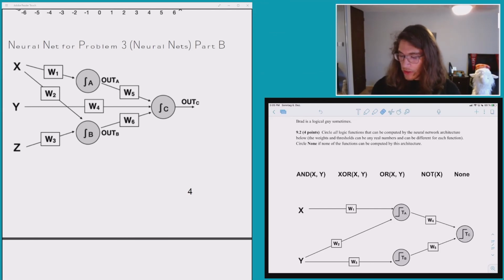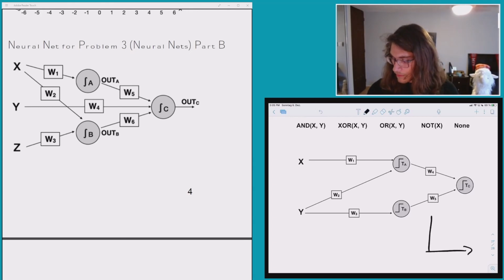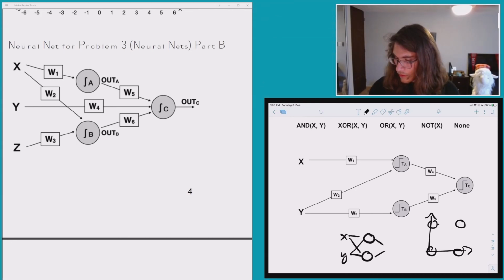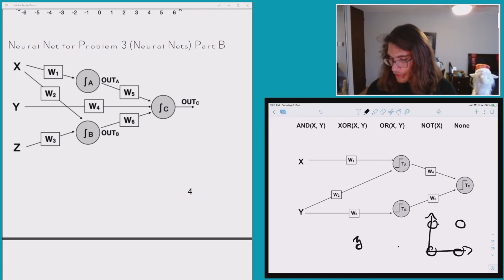And I'll remind you that in the recitation video where I had this set up, I was able to solve, sorry, I was thinking of the wrong neural network.